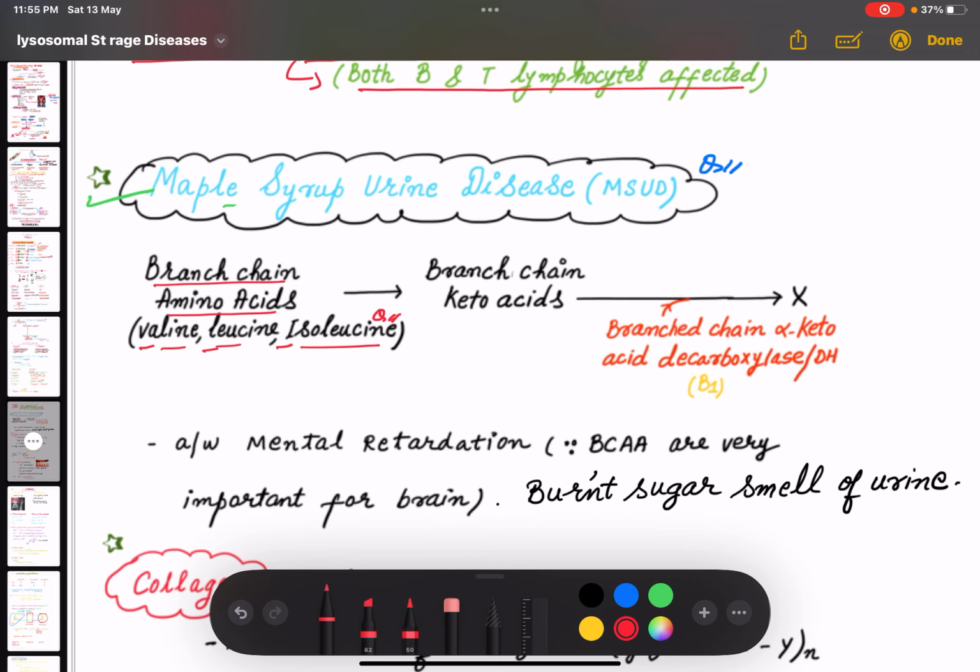What are the branched chain amino acids? They get converted into branched chain keto acids, and these branched chain keto acids give their product. But here the enzyme is branched chain alpha keto acid decarboxylase or dehydrogenase. The new name is decarboxylase, and this enzyme is actually an enzyme complex and it needs vitamin B1.